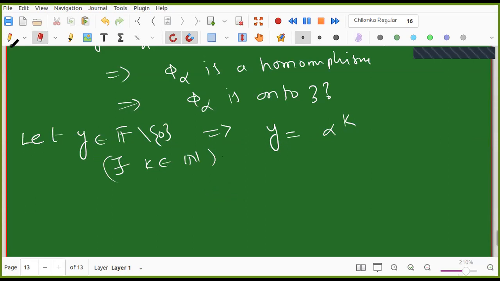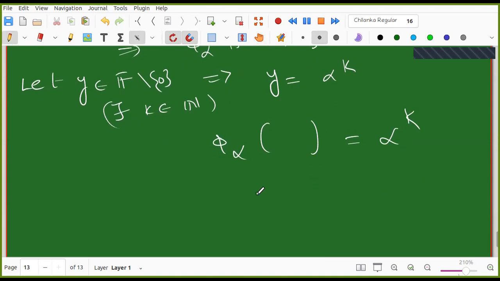What is that? The polynomial x^k, which takes x^k to alpha^k. So I answered this question, and you told the answer. So phi alpha of x^k is equal to this.